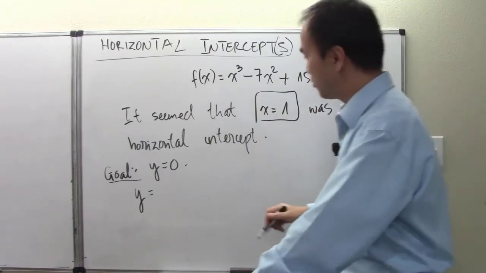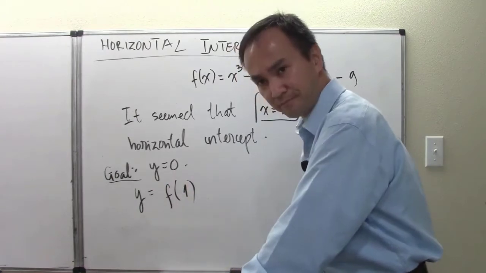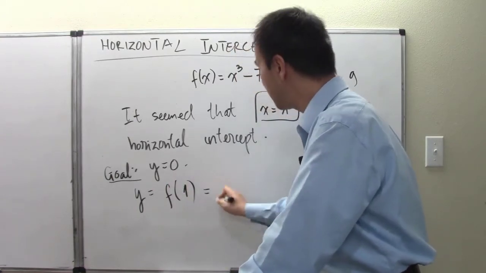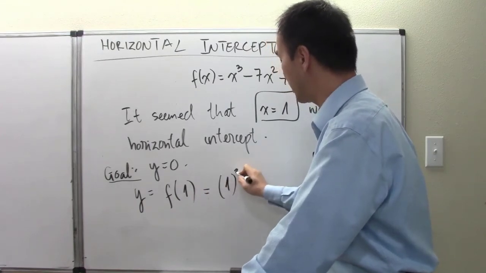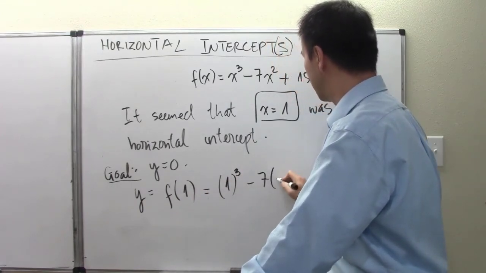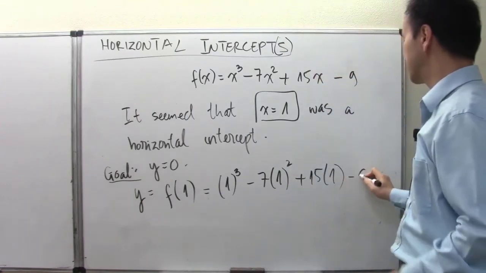So now I'm doing y value equals f of 1. And f of 1 means 1 is the input, needless to say. So 1 cubed minus 7 times 1 squared plus 15 times 1 minus 9.